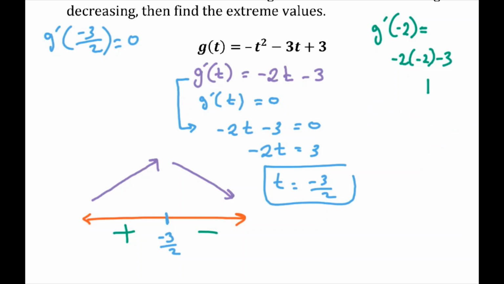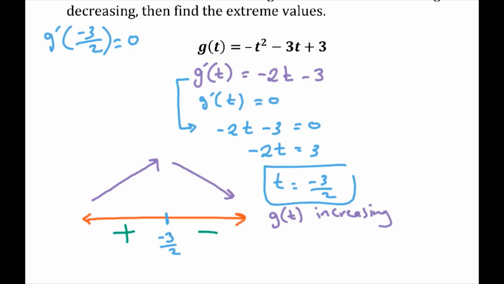So we'll say g(t) is increasing over the interval negative infinity to negative 3 over 2, or you can say when t is less than negative 3 over 2. g(t) is decreasing over the interval of anything greater than negative 3 over 2.